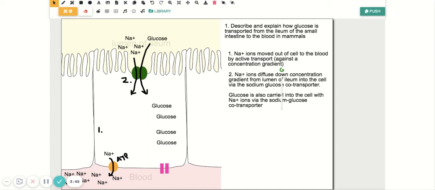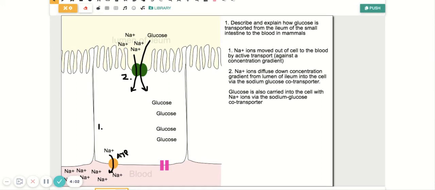So now we've got an increased glucose concentration in the cell compared with in the blood. What does that mean?